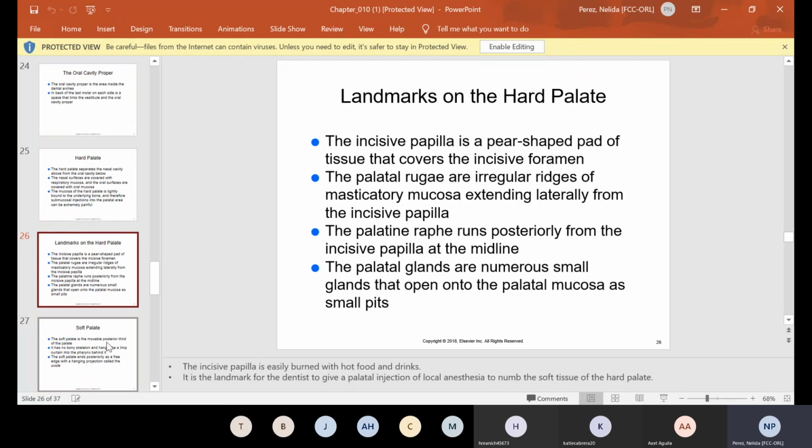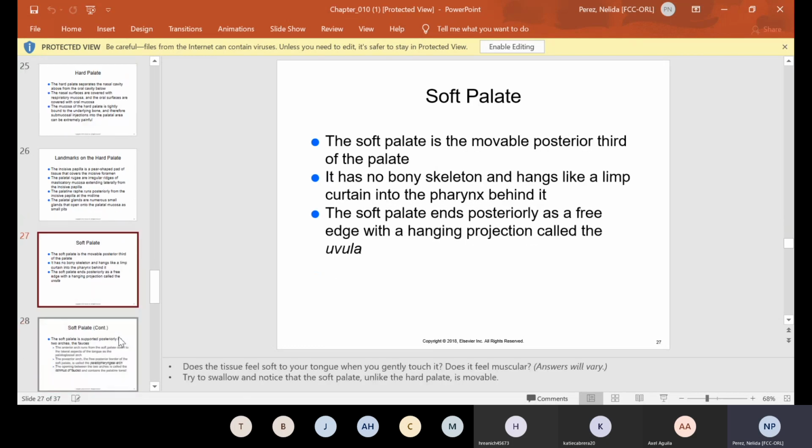The palatal rugae are irregular ridges of masticatory mucosa extending laterally from the incisive papilla. So if you put up your tongue to the roof of your mouth, you might feel some ridges. Those are the rugae. The palatine raphe runs posteriorly from the incisive papilla at the midline, and the palatal glands are numerous small glands that open onto the palatal mucosa as small pits.